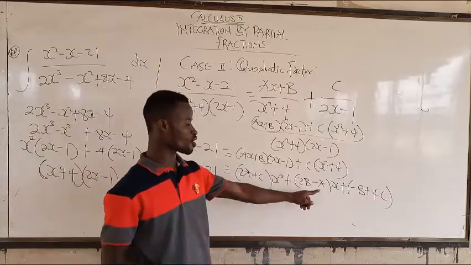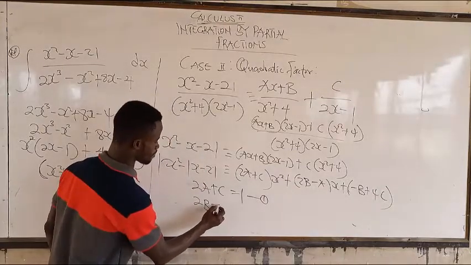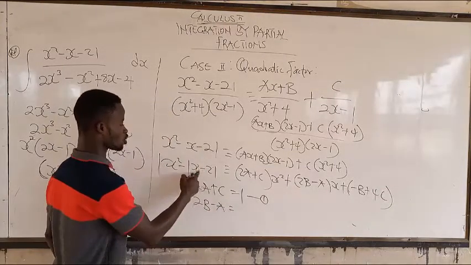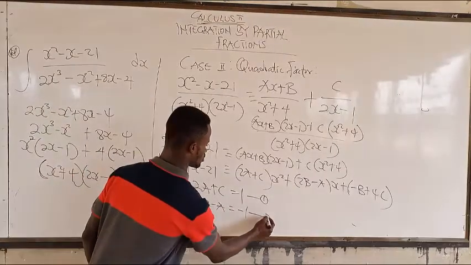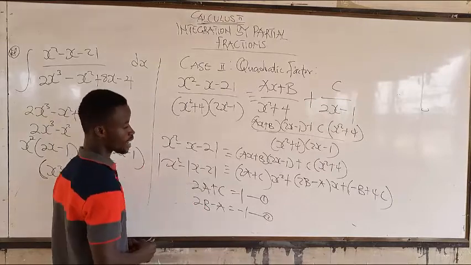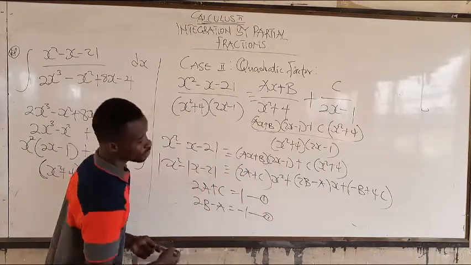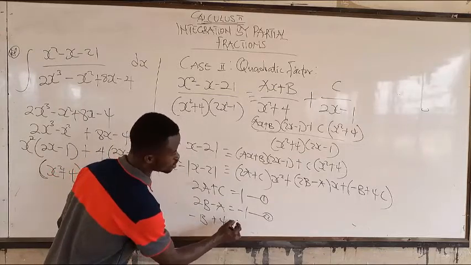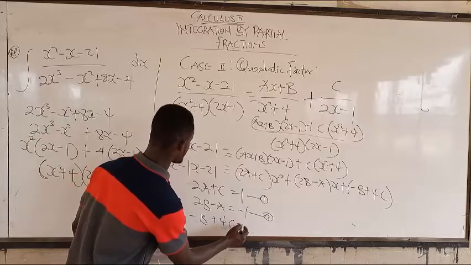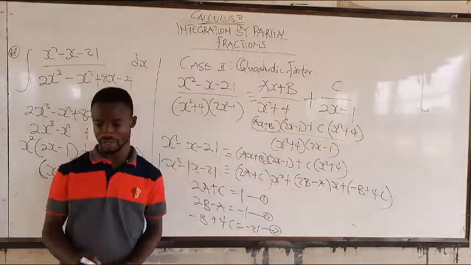Then you move to the coefficient of s, which is 2b minus a, which is equal to negative 1. It's not 1, it's negative 1. Equation 2. Then the coefficient of the constant itself, that is minus b plus 4c, and that's going to be equal to negative 21, equation 3.